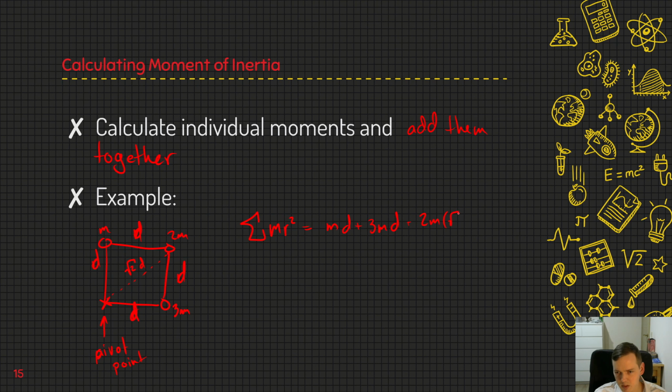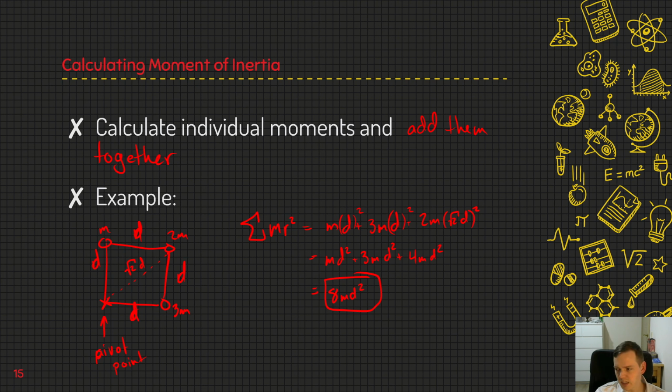So this will be times square root 2 d, and it should be r squared, so these need to be squared. And we get m d squared plus 3m d squared plus 4m d squared. So the moment of inertia ends up being, in this case, 8m d squared.